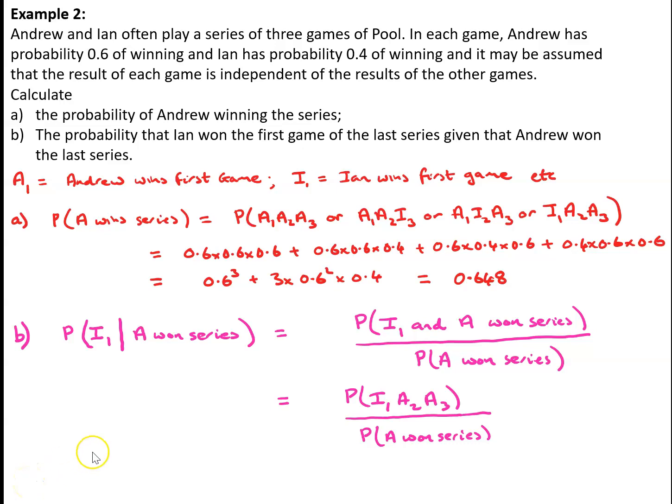So our expression becomes the fraction formed by 0.4 times 0.6 times 0.6, divided by the probability that Andrew won the series, which we know is 0.648. So our final answer is 0.144 divided by 0.648, which turns out to be 2/9.